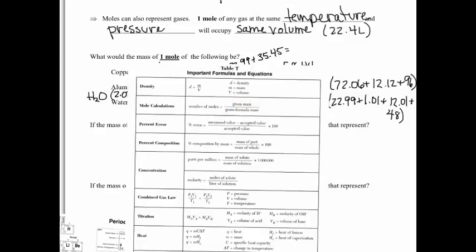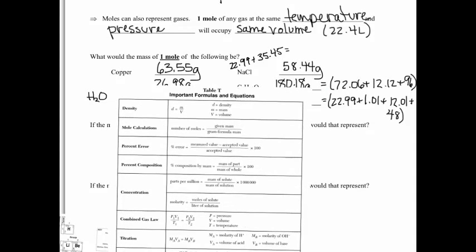So they'll say, hey, I have 5 grams of something, and then you will need to calculate the gram formula mass, just like we did in this section right here. All we did was calculate the gram formula mass. So you're going to take the given mass, and you're going to divide by that gram formula mass. And that will give you the amount of moles of that substance that you have.